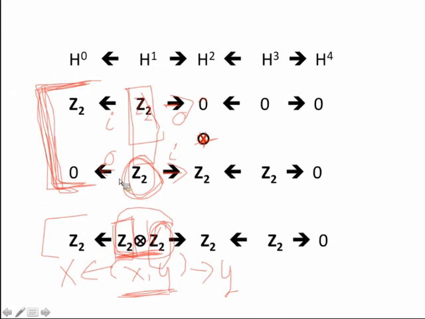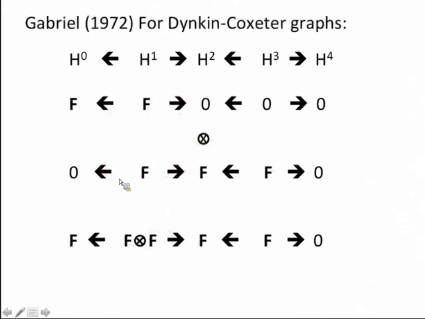This was actually proved in a more general case by Gabriel in 1992 without even thinking about persistent homology. And actually for any Dynkin-Coxeter graph, so this is a little bit more general than these zigzag ones. But if you've got these modules right here, in this case I'm taking fields instead of Z mod 2, so this does work in more generality.